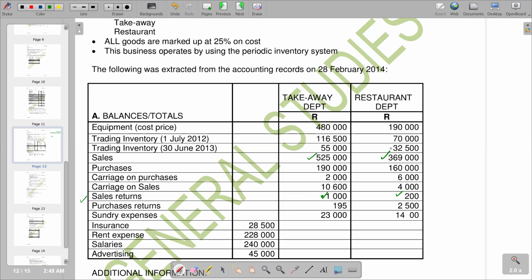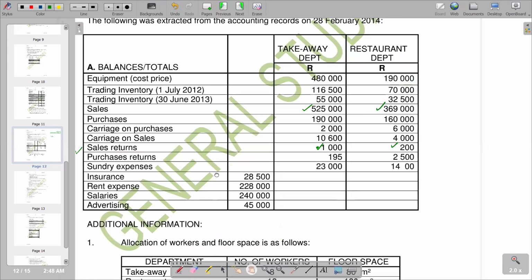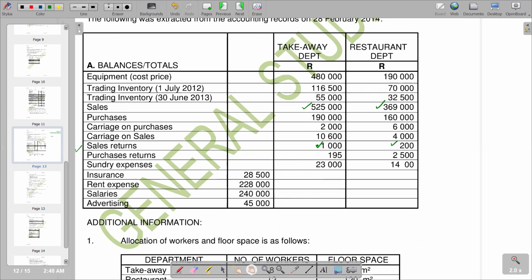So to calculate the figure for net sales, we start with takeaway. For takeaway, the sales figure is 525,000. We subtract the sales returns of 1,000, and we get 524,000.